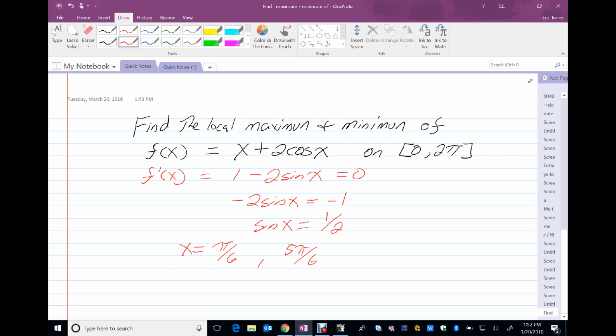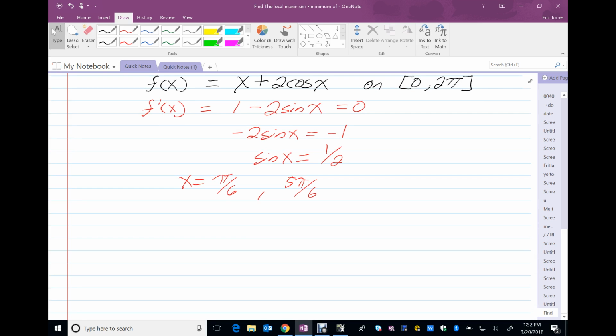So it's just a matter of finding out which one is my local min and which one is my local max. Okay, so let's go ahead. I'm going to rewrite this.